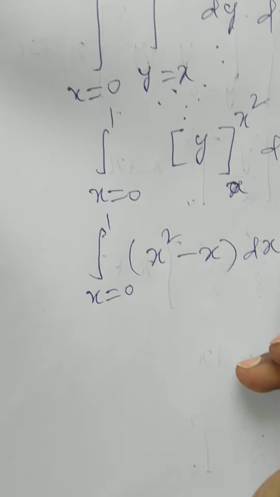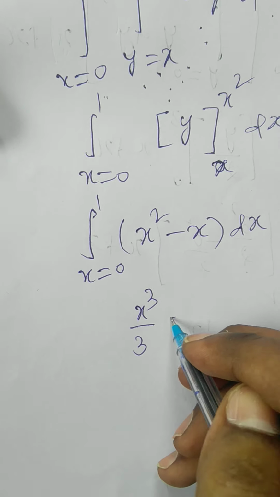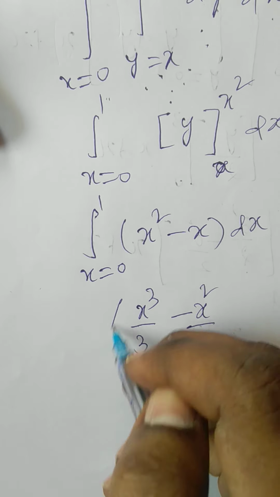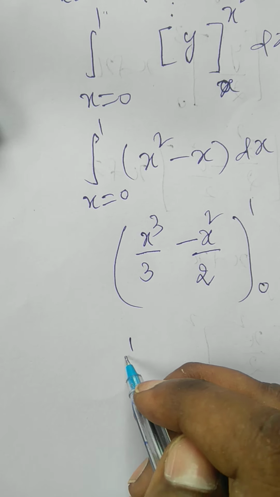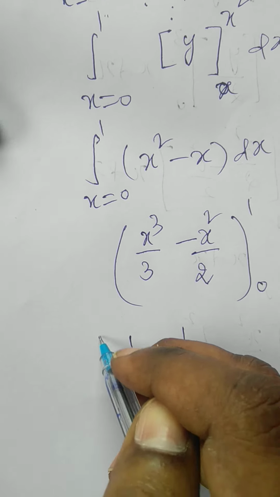Now we can integrate with respect to x. Integration of x square is what? x power 3 by 3 minus integration of x is what? x square by 2. What are the limits here? 0 to 1. So that is, upper limit is 1, 1 by 3 minus 1 by 2, minus, what is lower limit here?